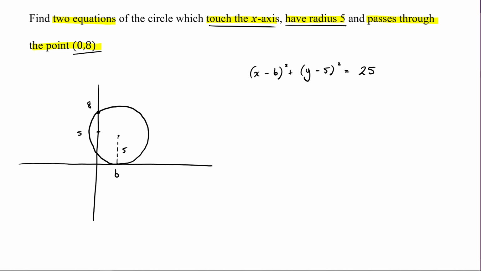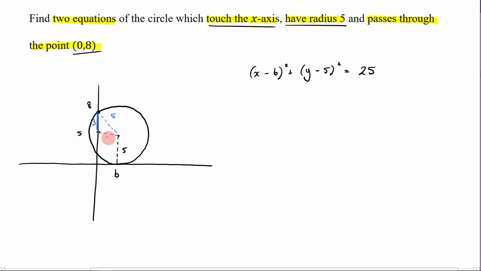All right, hopefully you paused and thought about it. If you haven't, make sure to pause and think about it. To do this, the best way to go about it, I think, is to use Pythagoras. So let's come here. What is that length right there? Well, that's just the radius, so it's 5. What is this length here? Well, this is 5 and this is 8, which makes this 3. And therefore, we can figure out what this is here.